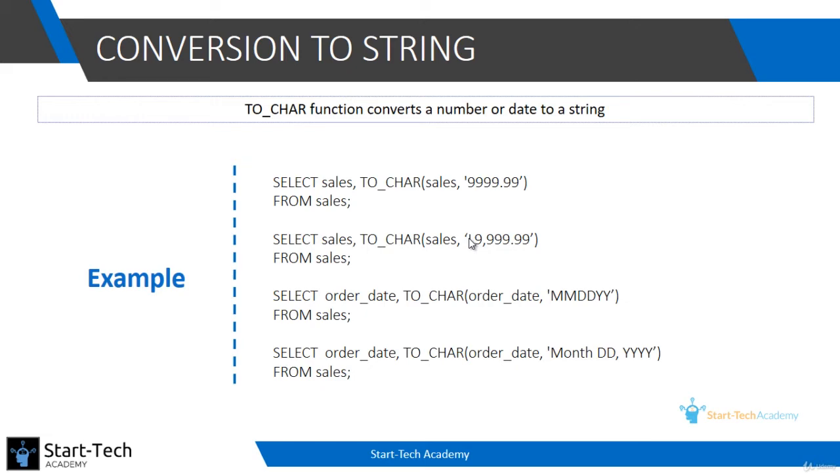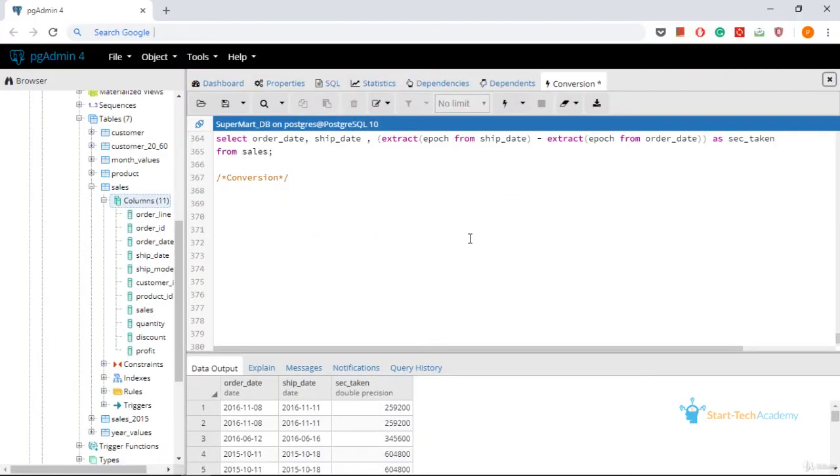Let us go and check this in the pgAdmin. So let us first select the sales value, and in the next column we will write "total sales value for this order is", and then we'll concatenate. If you remember, it is a double pipe symbol, and we'll then write the toChar function.